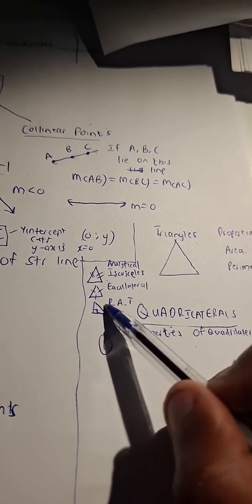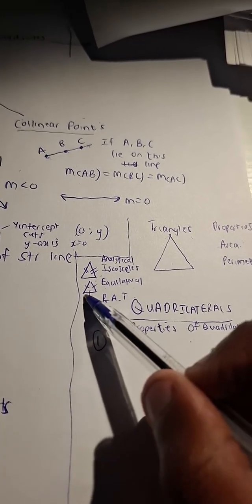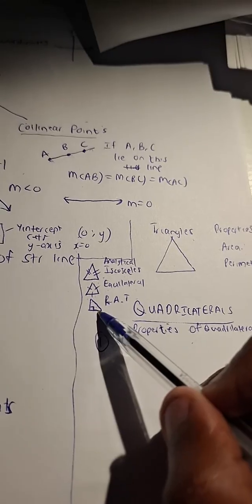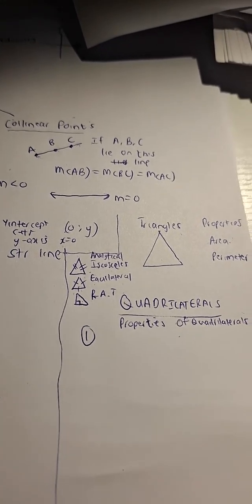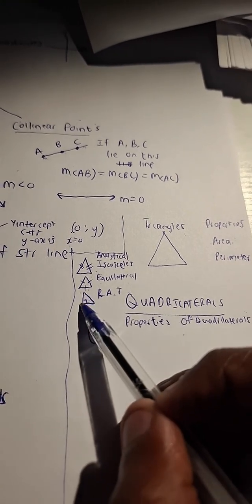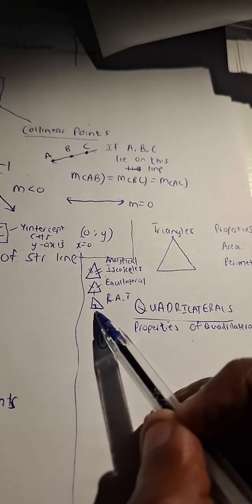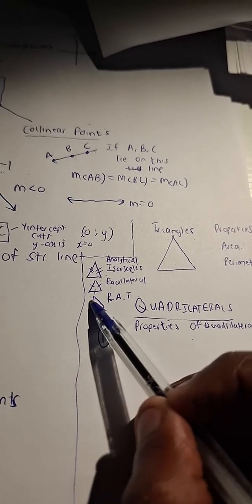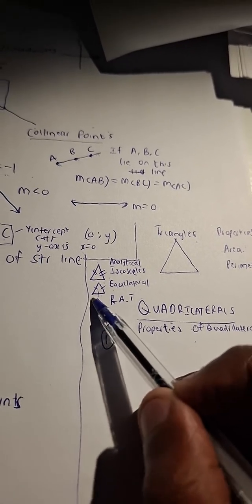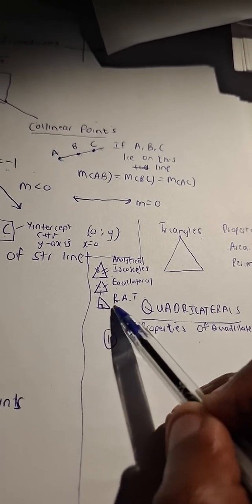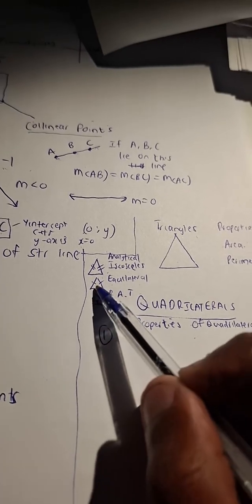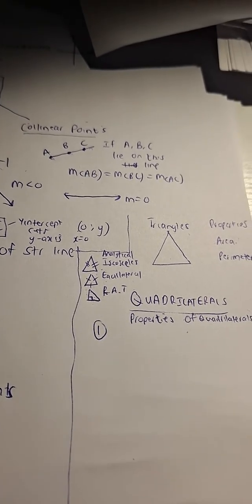Take that side and square it. Then you take the other 2 sides, add them together whilst squaring them, and check: does the sum of the squares of these two sides equal the square of this side? Because if they do, then this is a right angle triangle.